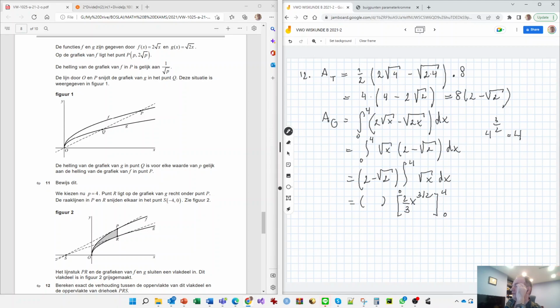There are 100 different ways to do this, but one way is, okay, realize 3 over 2 is 1 plus 1 half. So we get 4 times 4 to the power 1 half, and this is 8.